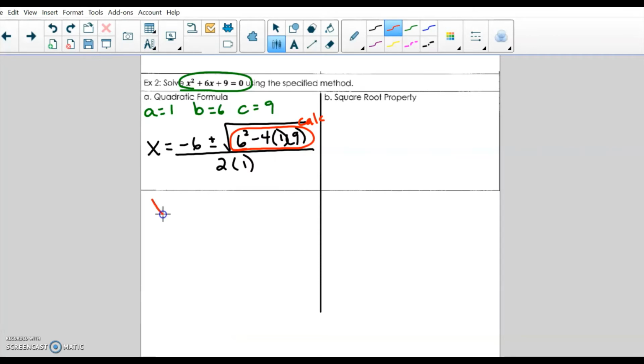So that gives us x equals negative 6 plus minus square root of 0, all divided by 2. Well, hopefully you guys are realizing that that just basically disappears.